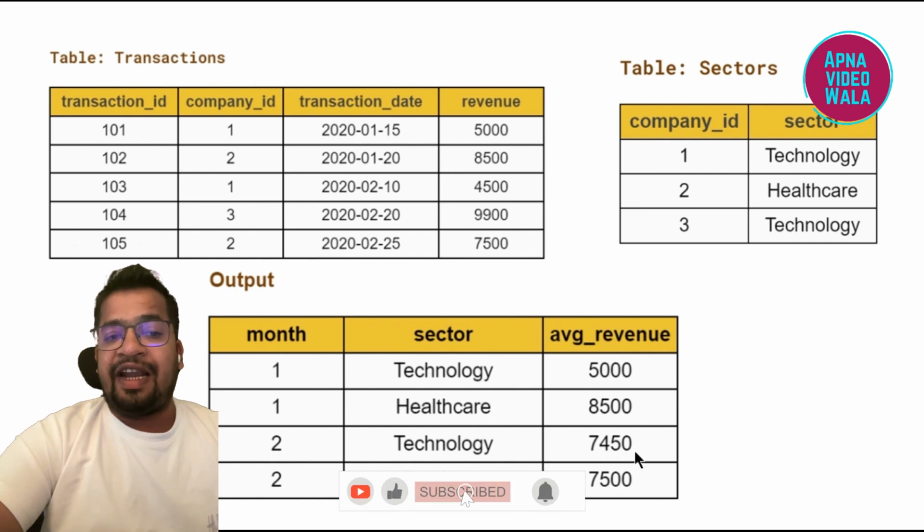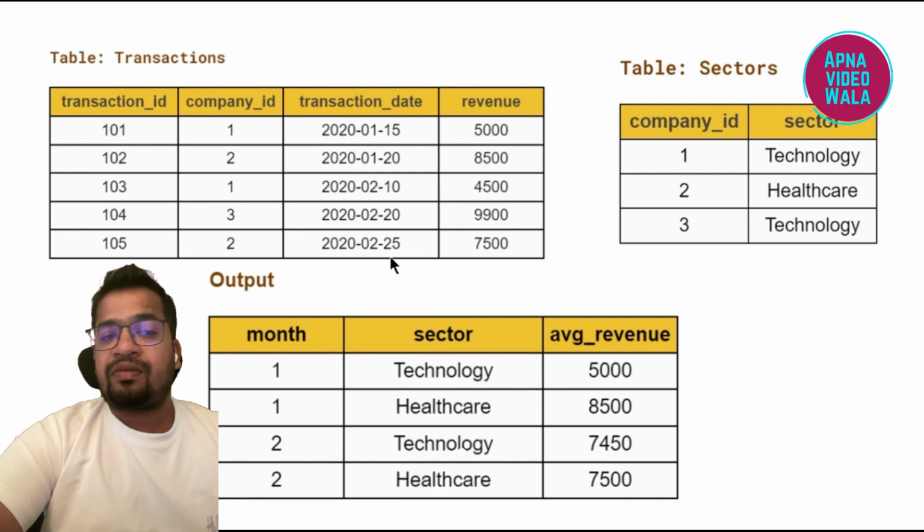To find the average revenue for the technology sector, we sum up these two revenues, 4,500 and 9,900, and divide it to calculate the average. So the average revenue for the technology sector comes out to be 7,200.